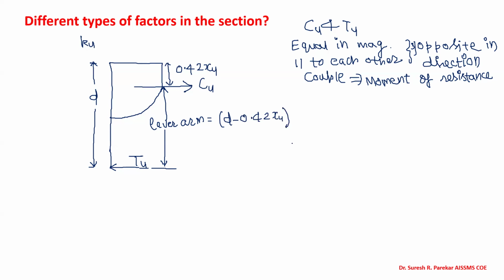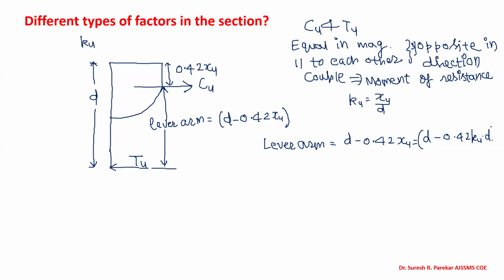Now, how do we find the lever arm factor? The lever arm is equal to d minus 0.42 xu. And what is xu? We have d minus 0.42 Ku into d, because we have just seen Ku is equal to xu upon d, so xu is equal to Ku into d.